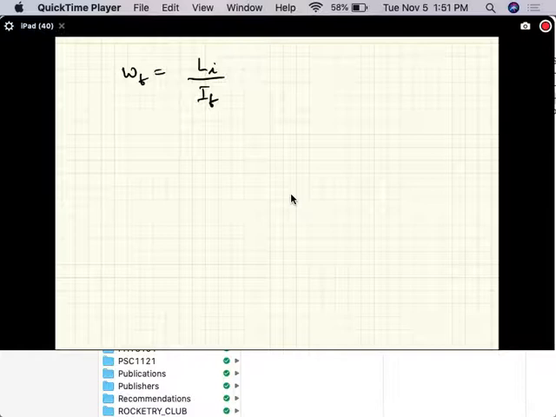Again, this is a rotational collision, and angular momentum is conserved. We haven't done an experiment like this, a rotational collision, so we'll see if we can get a successful experiment.